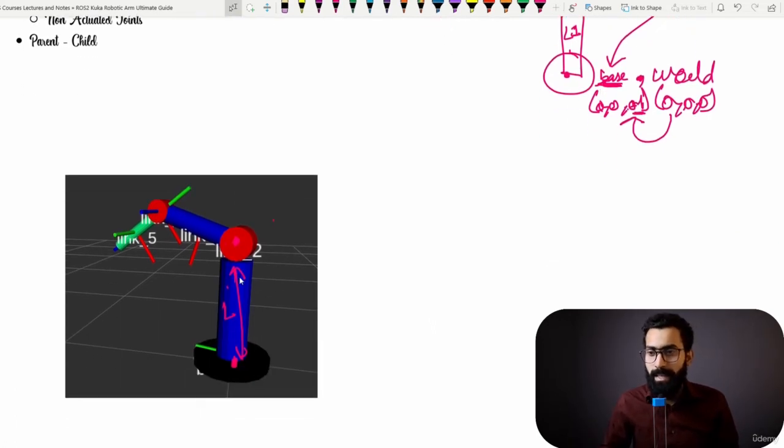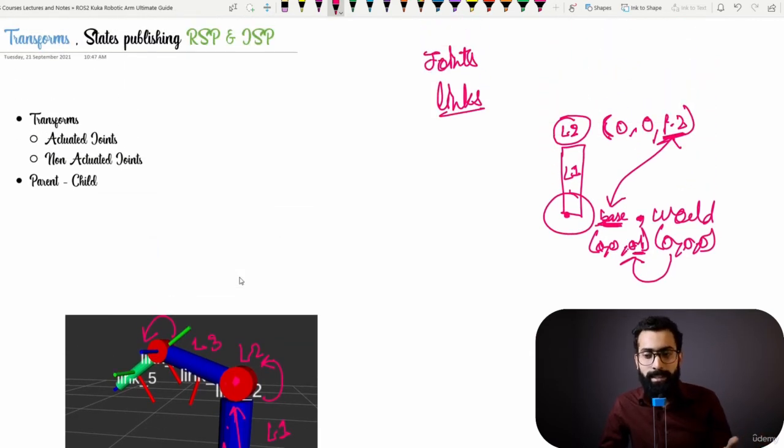In our case, this link number 2 here, this red circular joint, is a rotational joint. It is rotating along this axis. Same goes for this one, link number 4. It is going to rotate. This link number 3 and link number 1 are fixed joints. They are not going to be actuated. Actuated means producing a motion. So link 2 and link 4 are going to be rotating, so they are actuated, and those blue bars are non-actuated. They are fixed.